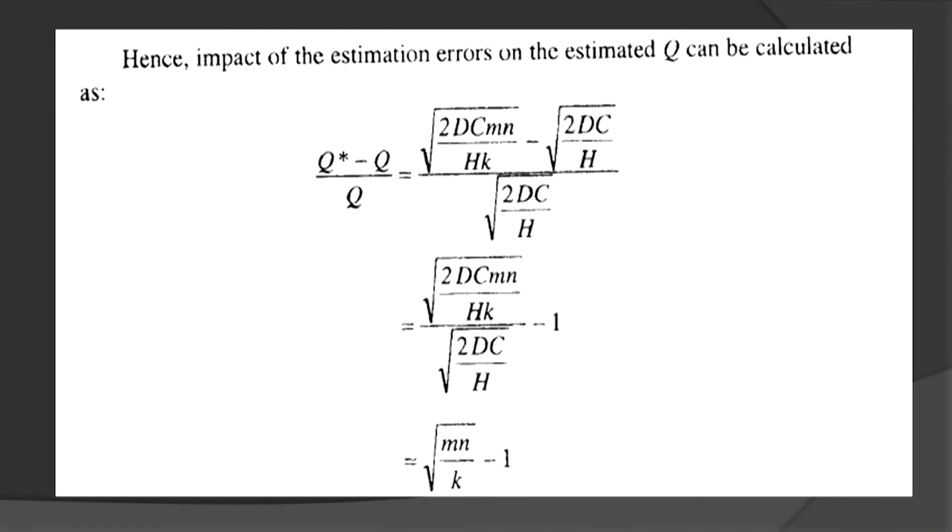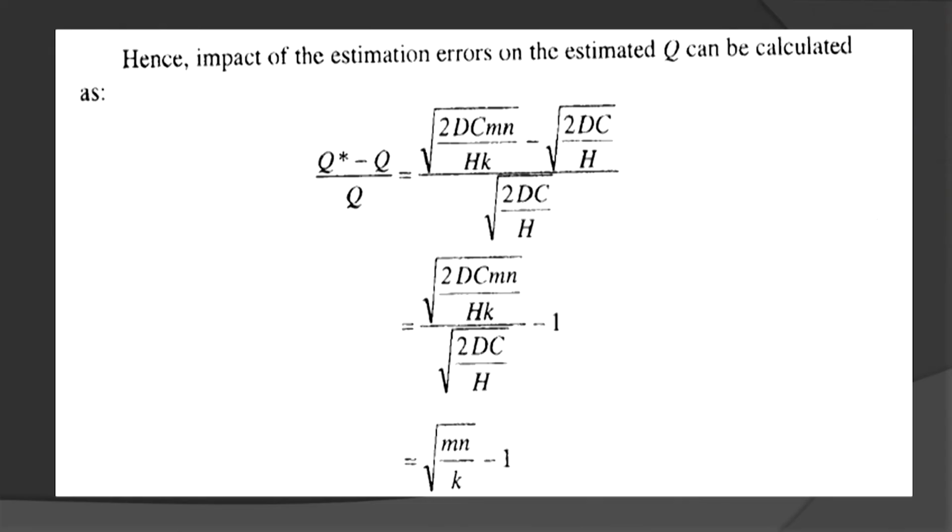Impact of the errors on the demand, or on the estimated Q as we have calculated here. The final model will become Q star minus Q divided by Q, and if you solve this, finally we arrive at this last expression: under root of MN divided by K, minus 1.